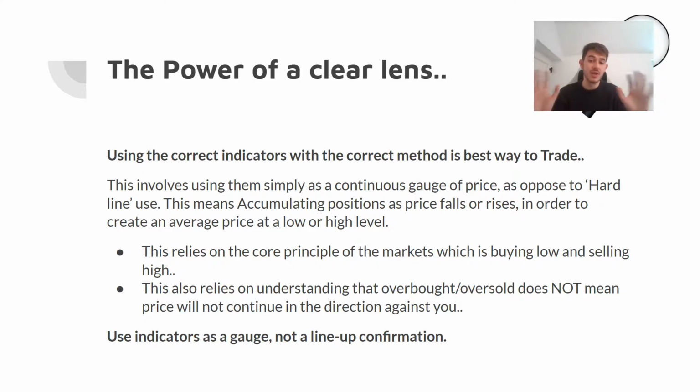So the core principle really is buying low and selling high, and using indicators the right way lets you do that. And you won't be looking for a hard line method. That's really what you need to understand, and that's what you should take away from this video. So use indicators as a gauge for low and high prices, and make your decisions when trading with that.